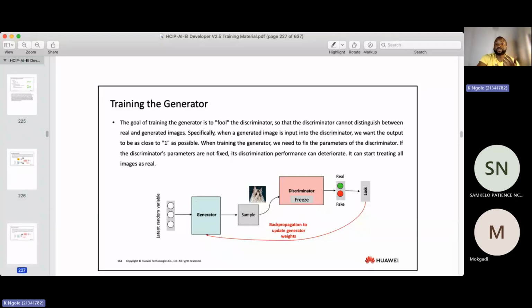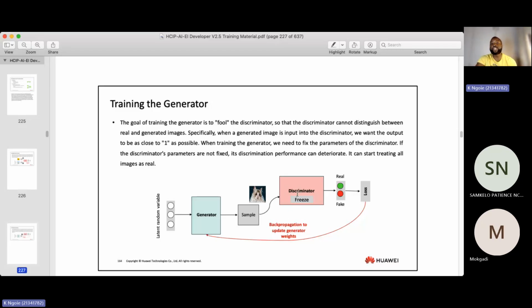So the fake image that was generated is inserted into the discriminator, and the output should be close to one if the generator fooled it. Then we compute the generator loss using the discriminator's output, but pretend the fake images are real.